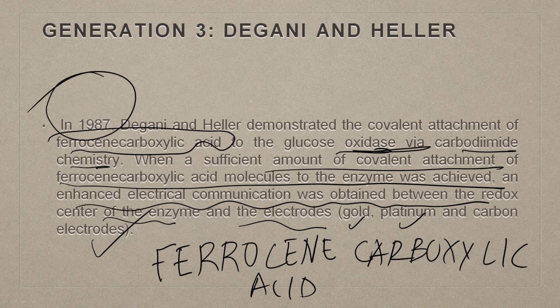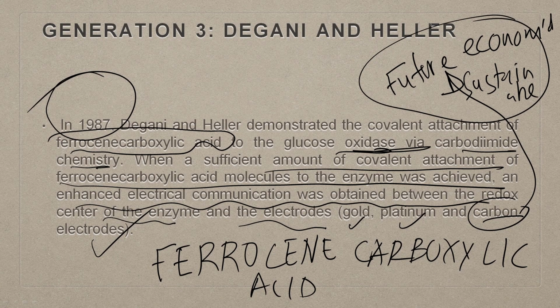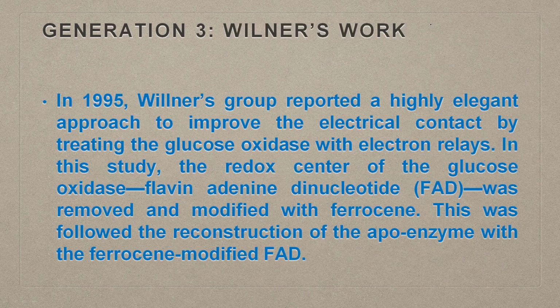So, as soon as it's a carbon electrode, the game is on, because this is the future. This is where economical, sustainable biosensors are taking birth. Now, these are those unique breakthroughs which are changing the third generation.